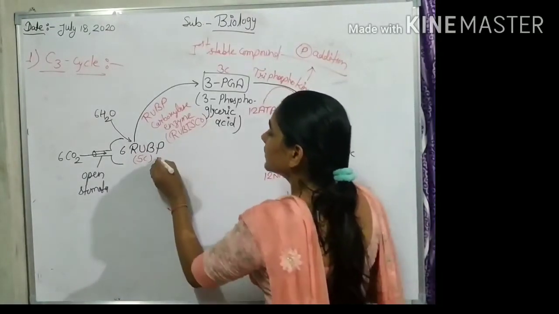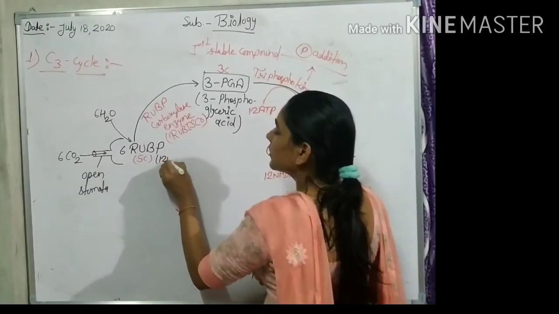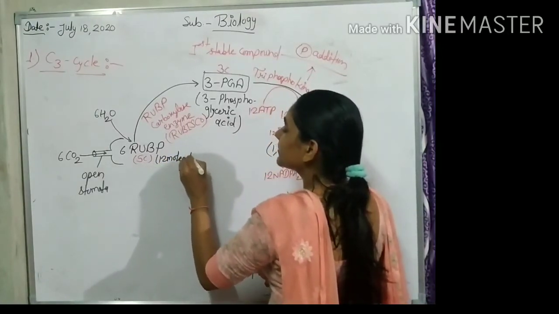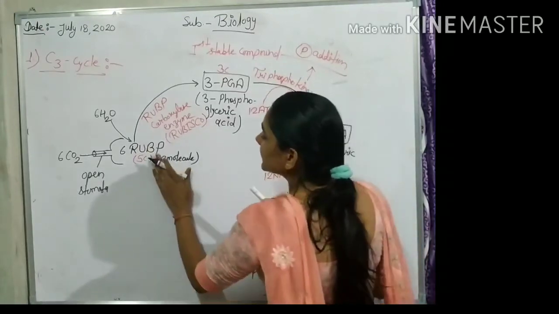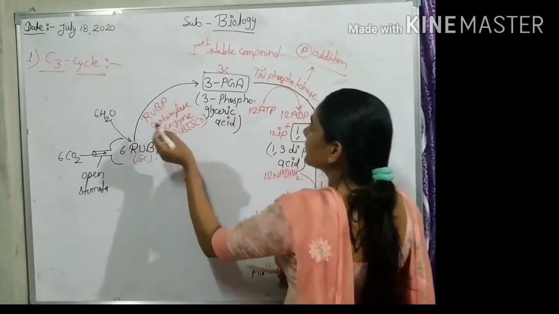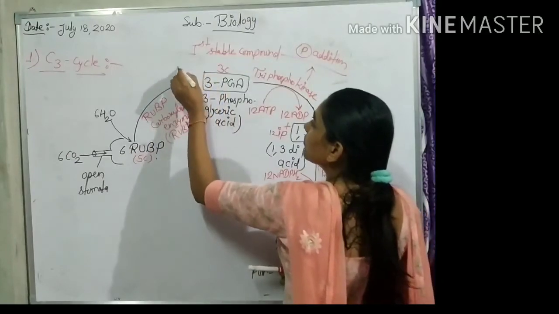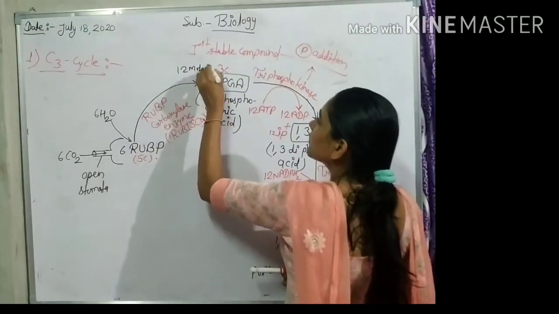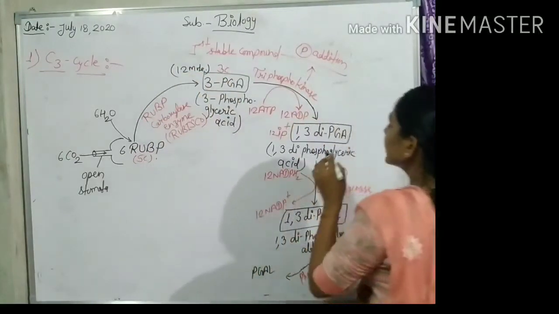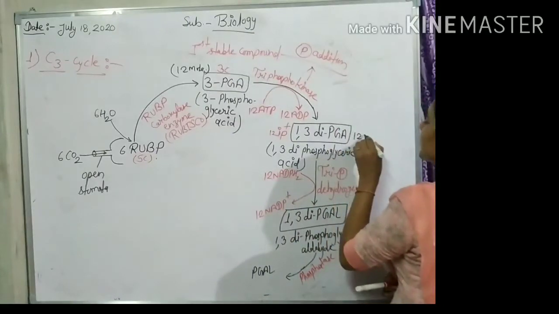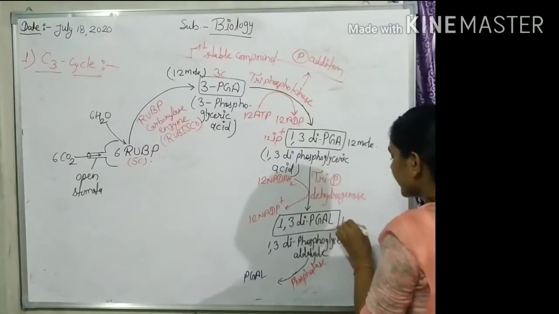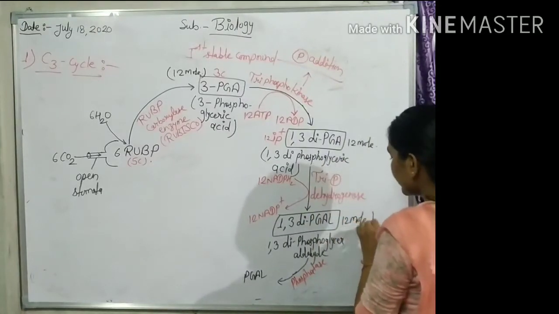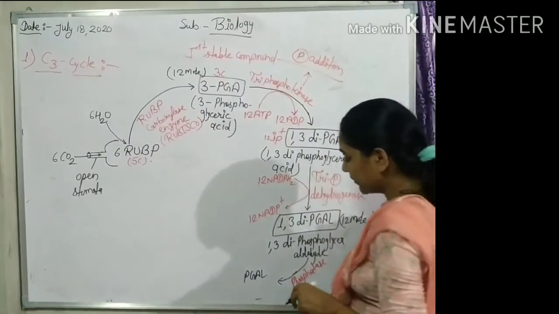There are 6 molecules of RuBP, further 12 molecules of PGA, then 12 molecules of 1,3-di-PGA.